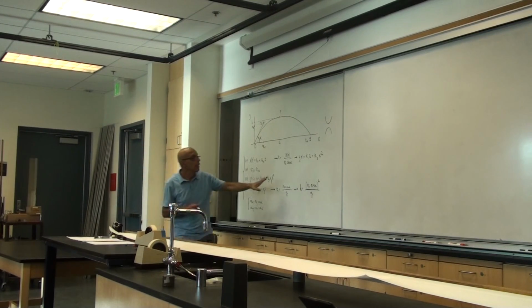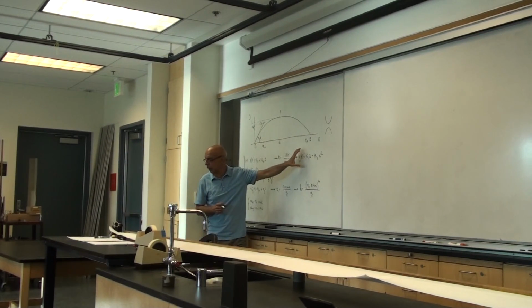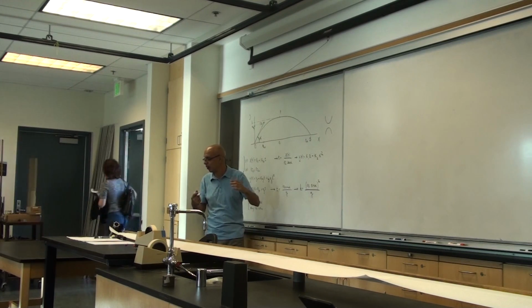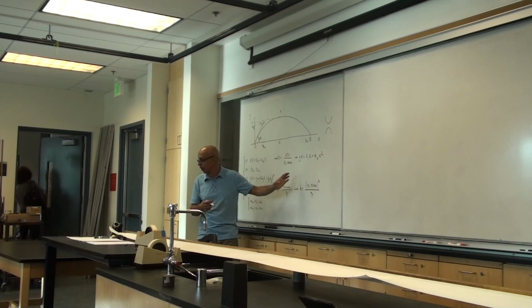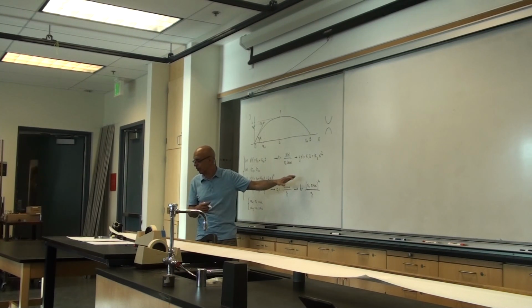The K, yeah. Remember, it is in my notes that I posted also on Canvas. This K was a bunch of constants, sine of an angle, the acceleration of gravity, those are all constants.